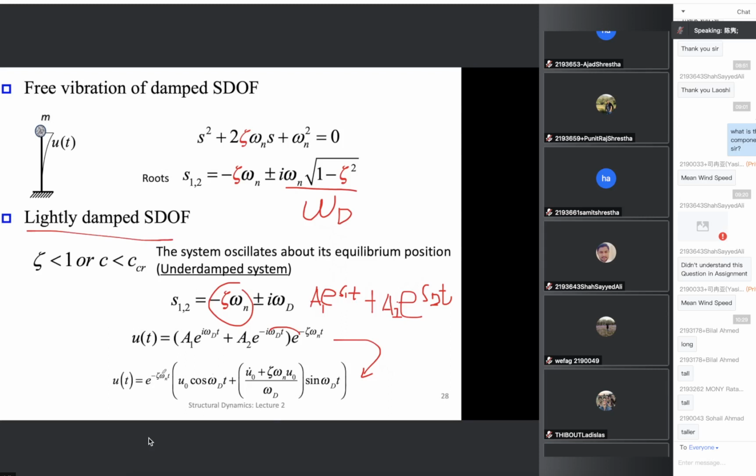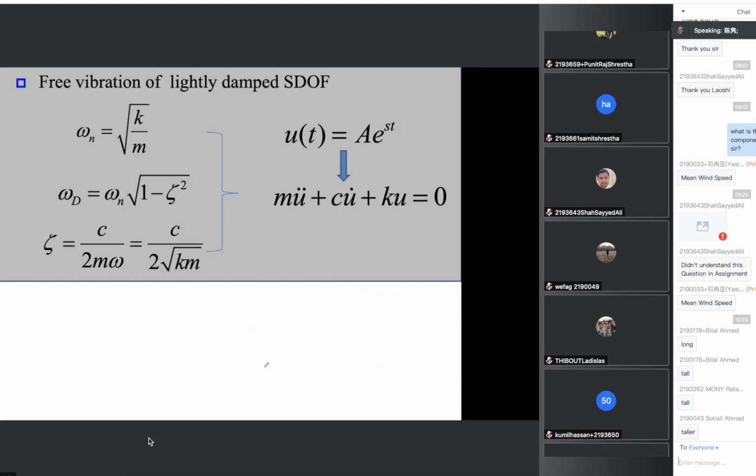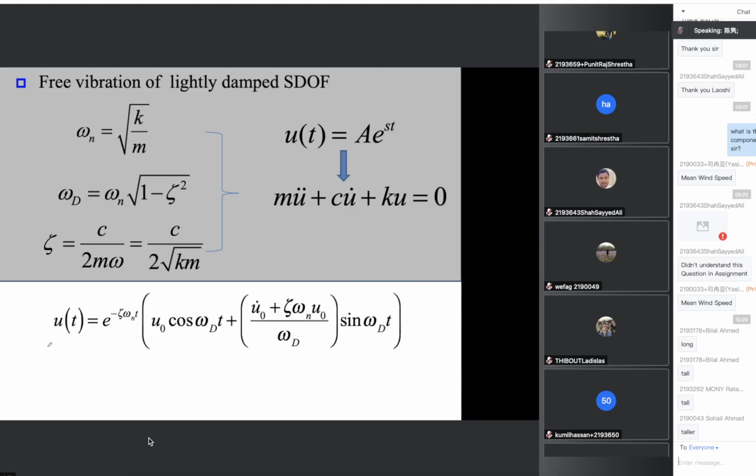So this equation is very important. Again, you need to remember this equation. You need to directly write this down. If I ask you what is the solution of the SDF system free vibration case, you need to write it down. So we have two equations to remember now. Actually one, because if you remember this one, when the damping ratio is 0, this becomes 1, and omega d becomes omega n.